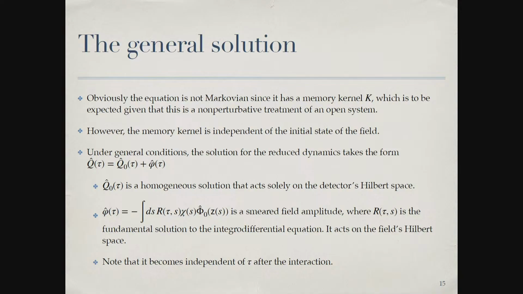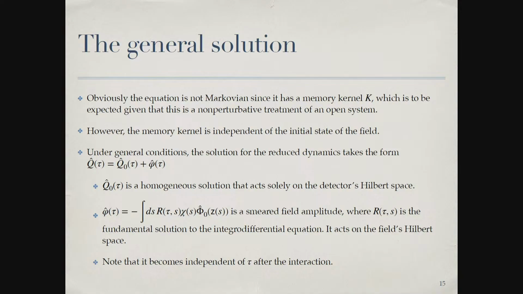Because it's a linear equation, the general solution of the reduced dynamics is still something of this kind, where you have a homogeneous solution and a particular solution. The homogeneous solution acts only on the degrees of freedom of the detector, and the particular solution acts only on the degrees of freedom of the field.